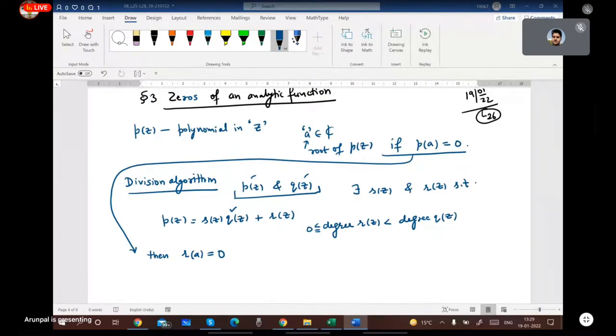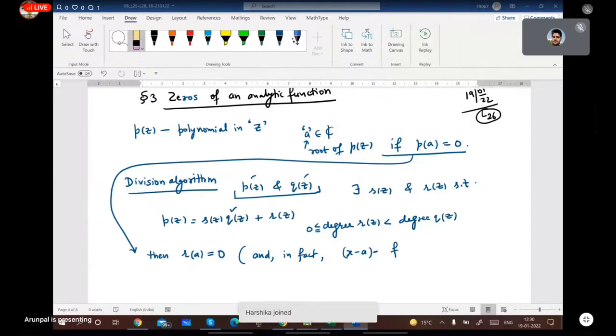And in that case, in fact, this turns out to be a factor of p(z). You know this, I'm not telling you something new. A factor of p(z), right, class?